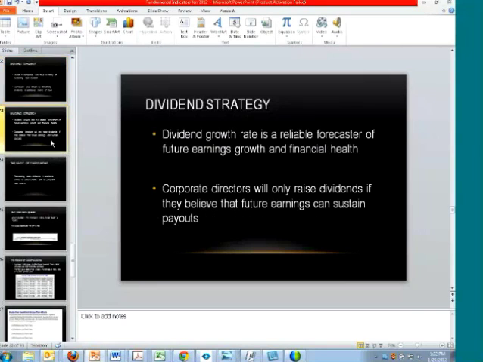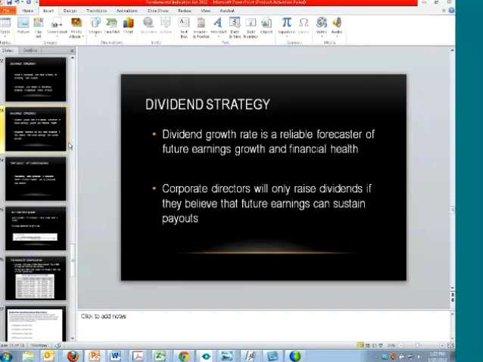And I found that the dividend growth rate is a very reliable forecaster of future earnings growth and the financial health of a company. Of course, dividends are paid in cash, and corporate directors are not going to raise the dividend unless they think that the future earnings can sustain that dividend payout.